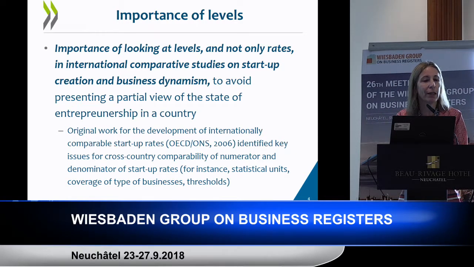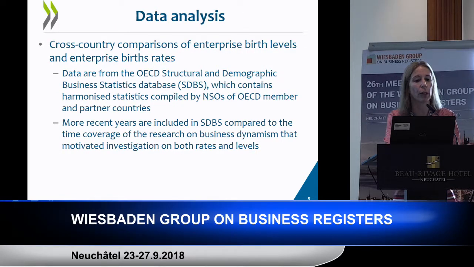So just to point out that there were all these reflections, but it was more about making sure that the elements used to compute the rate are comparable, which is a different point from what I'm presenting to you now, which is more about interpreting the data.